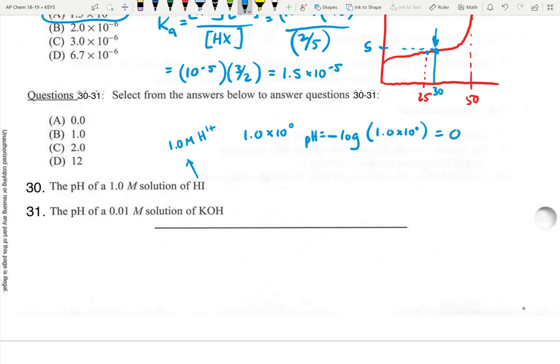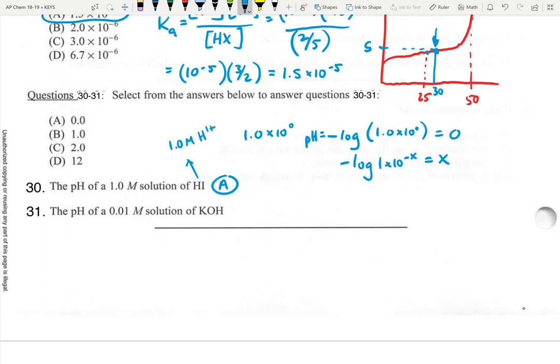Remember, the inverse log of 1 times 10 to the negative x equals x. That's just math. And in this case, the negative log of 1 times 10 to the 0 would be 0. And that would be our choice A as our answer.